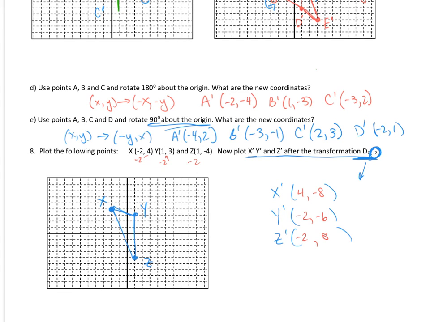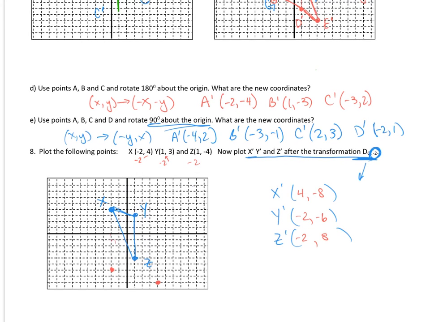So we've got 1, 2, 3, 4, 1, 2, 3, 4, 5, 6, 7, negative 8. Then we've got negative 2, 1, 2, negative 8. 1, negative 6, 1, 2, 3, 4, 5, 6. And then we've got negative 2, 8. So that's negative 2, 1, 2, 3, 4, 5, 6, 7, 8 right up here. So now I can connect these points.